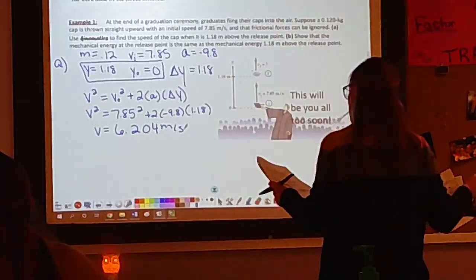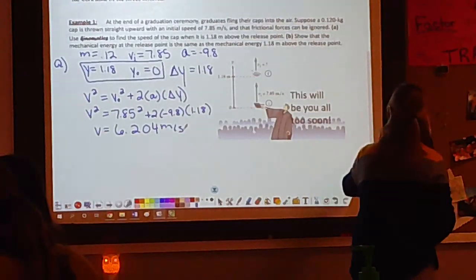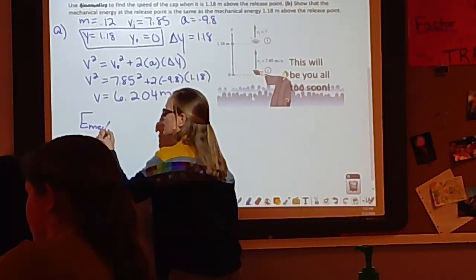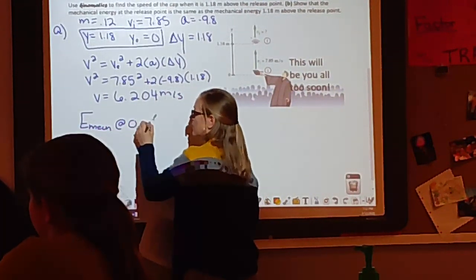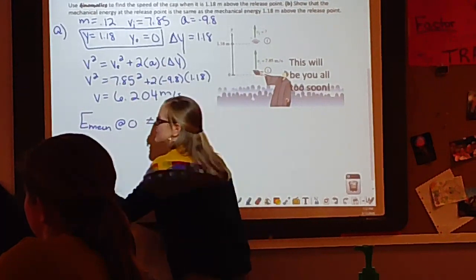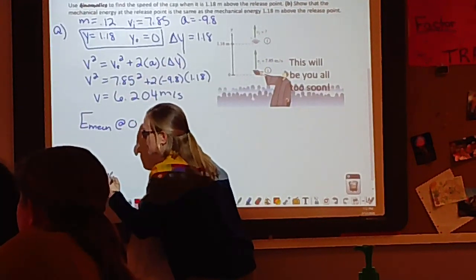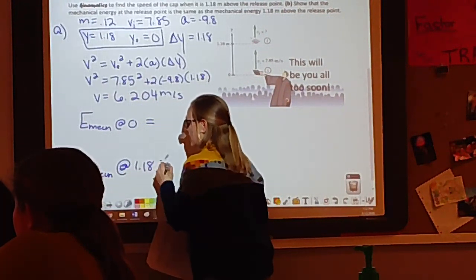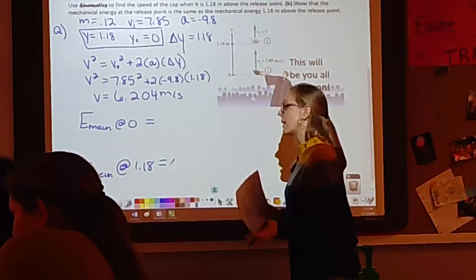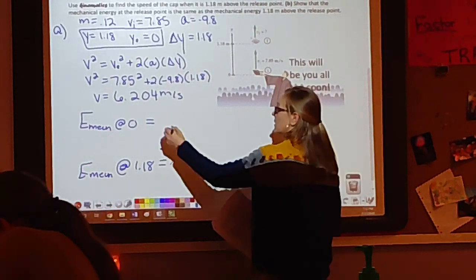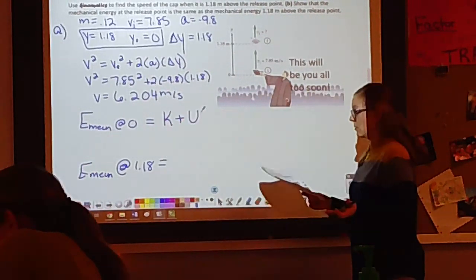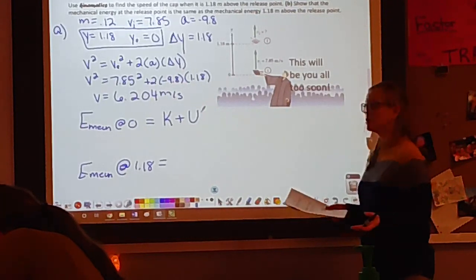So all we are really showing is that the mechanical energy at 0 is the same as the mechanical energy at 1.18. You ready? So the mechanical energy is kinetic energy plus potential energy.